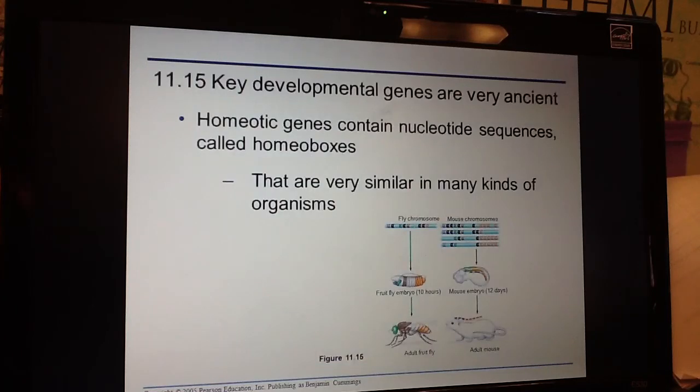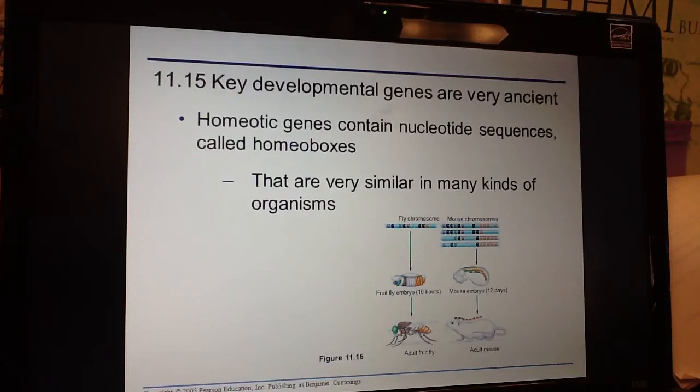Now, what they have found using research is that these genes that control key development, like this is the head, this is the leg, these homeotic genes are very, very ancient, and they date back through all of evolution.